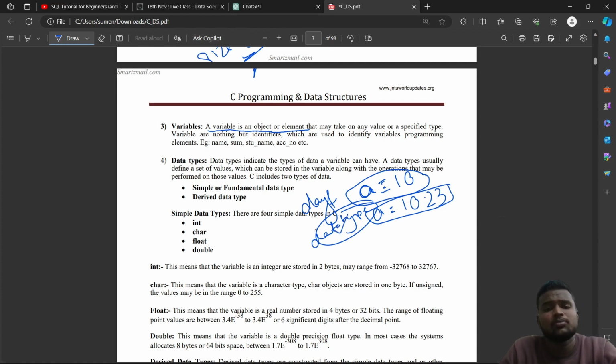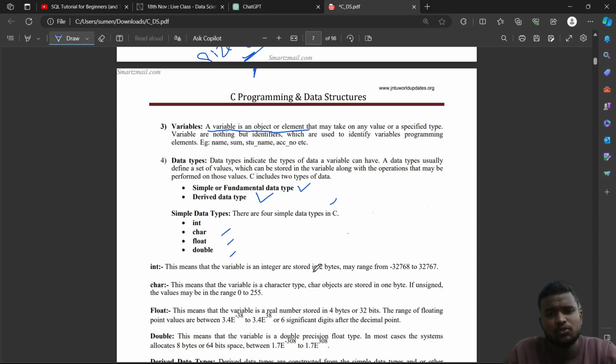There are two types of data types. One is the simple or fundamental data type, which is predefined, or else the derived data type, which is user defined. Simple data types are like int, char, float, and double. So, what is an int? The variable is an integer stored in 2 bytes.